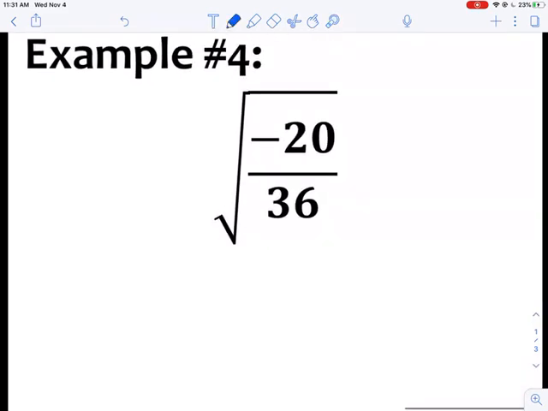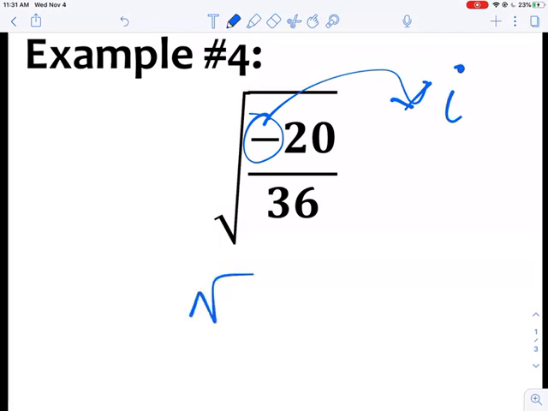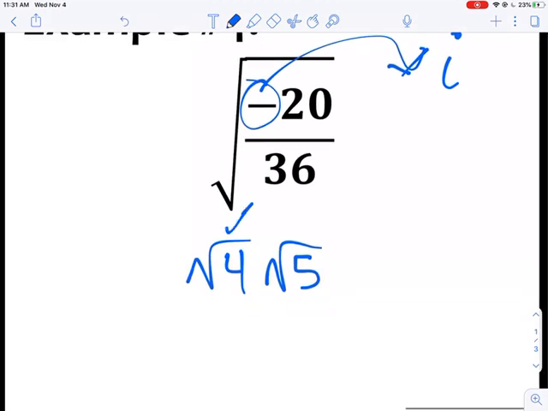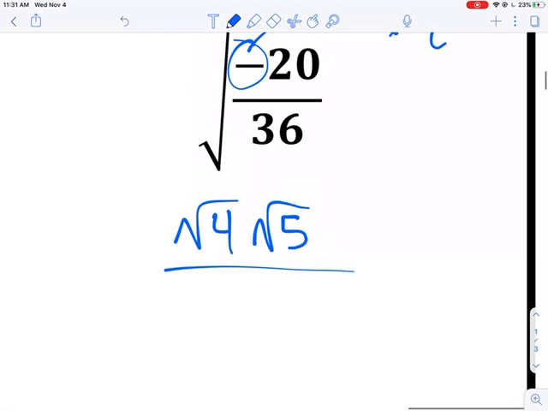All right, this one's negative 2, so I already know that at the end, I'm going to have an i. So let's just look at square root of 20 and square root of 36. So the square root of 20 breaks down into the square root of 4 times the square root of 5. So 4 times 5, we're looking for perfect squares, over the square root of 36.